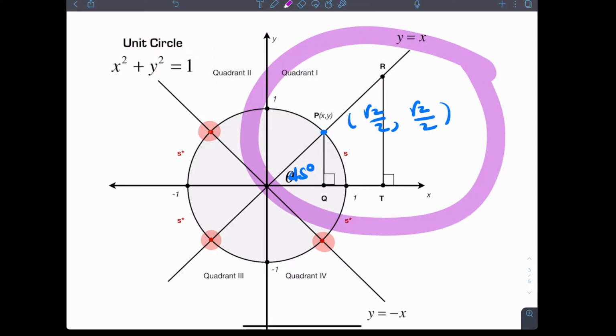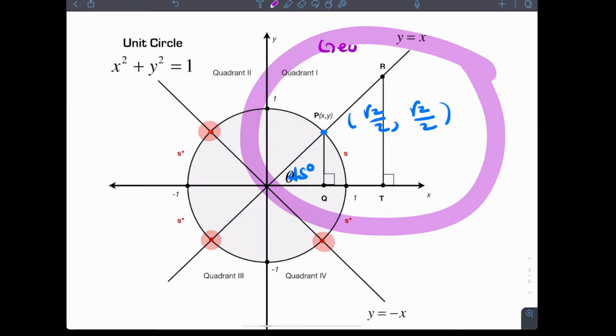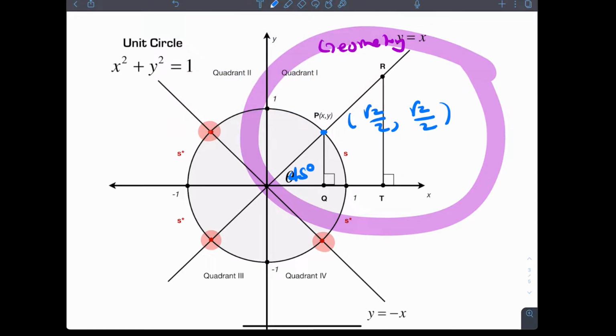Quadrant 1 is geometry. We want to find those points in quadrant 2, 3, and 4. Okay, you guys with me on that? I got news for you, though. Let's use some information.